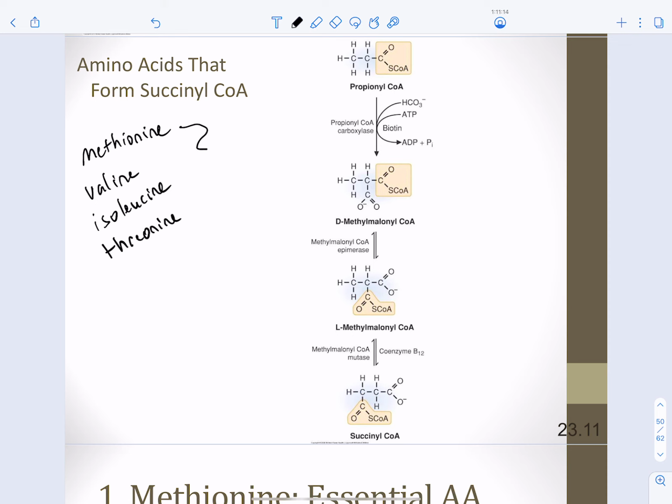All are going to produce propionyl-CoA, and propionyl-CoA, of course, is what is going to make succinyl-CoA through this particular pathway. Keep in mind that we have a carboxylase that requires biotin, and we also have a mutase that requires coenzyme B12. So you still have a lot of vitamin input in your propionyl-CoA to succinyl-CoA.